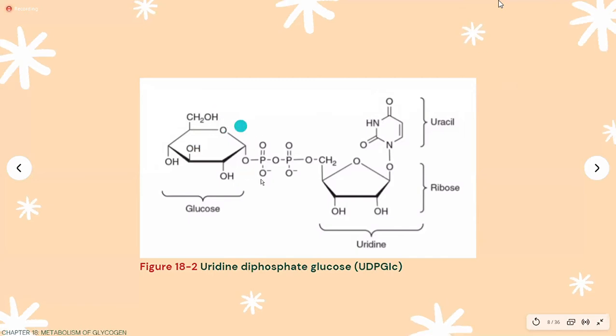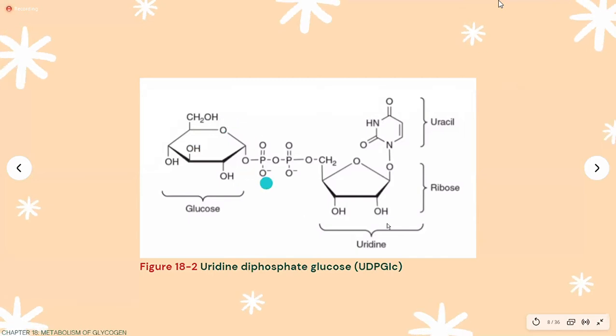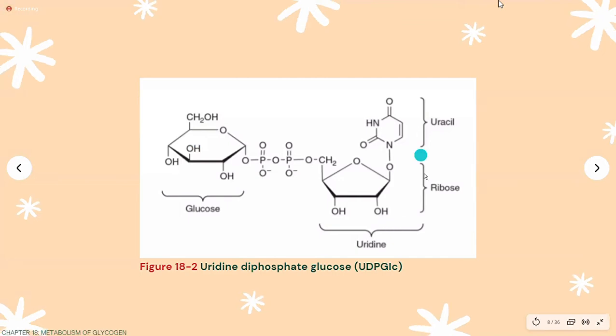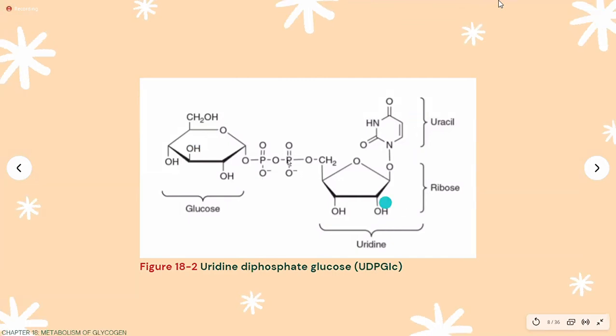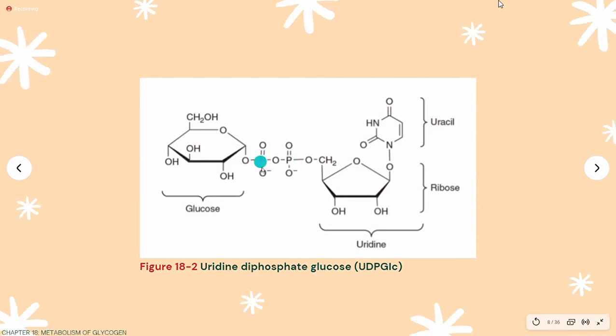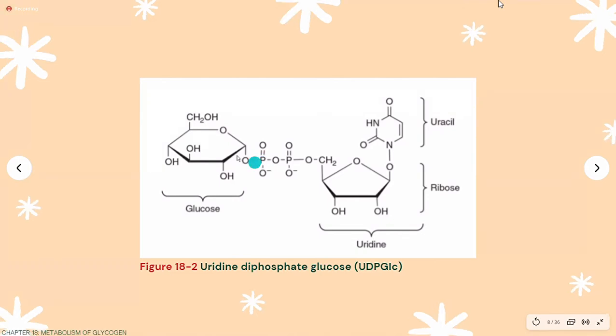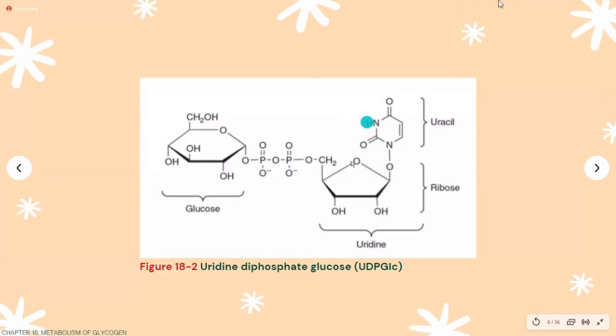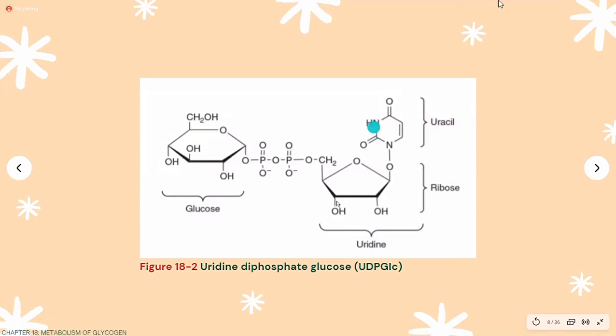This is your nucleotide, uracil, ribose, and phosphate. Now those P there. Now you have a glucose there attached to your uridine nucleotide. Okay? That is UDP glucose.